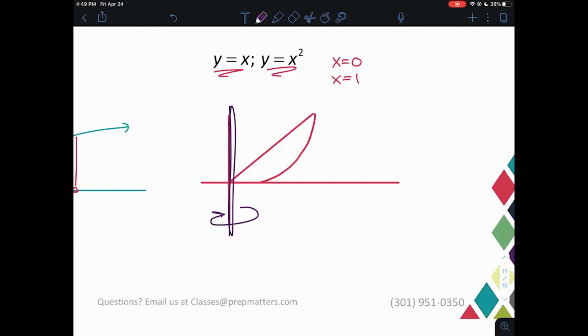So we would want x equals something, x equals something else, because now we are going to rotate where we have an outer radius that is this height. That's whatever value of x we are actually at. If we rewrite our functions in terms of x, we would have those values. And then our inner radius would be this value of x.